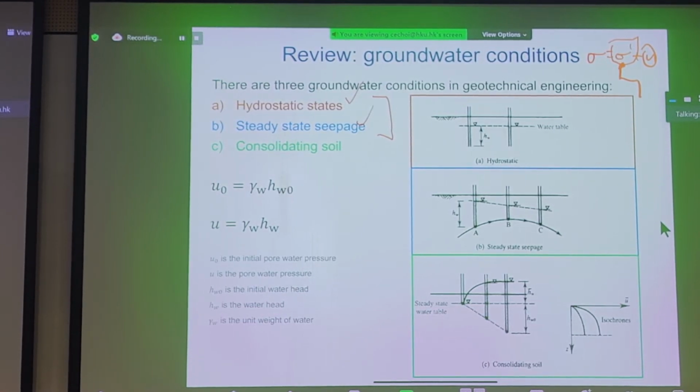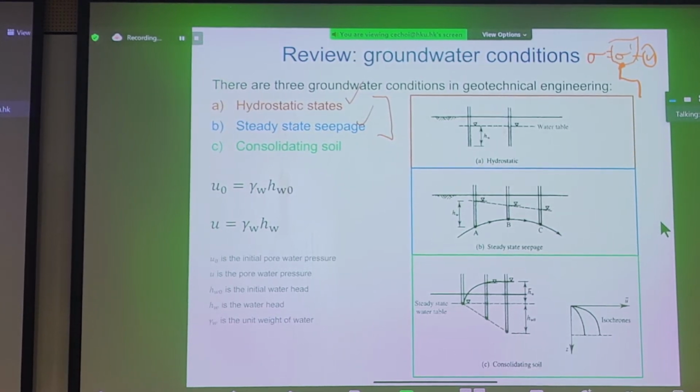Total stress is a gross approximation of the problem at hand. Since we don't know how to differentiate how much load the soil skeleton is carrying and how much load the pore pressure is carrying, then we're forced to say, look, I don't even know how much pore pressure there is, so I don't know how much the skeleton's carrying, so I'm just going to use total stress and treat the solid and the water as one continuum.